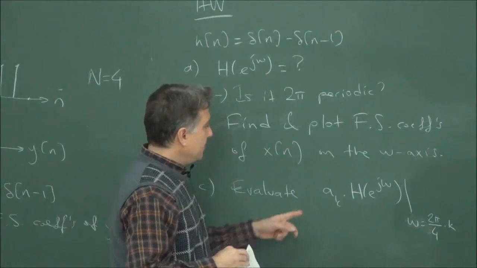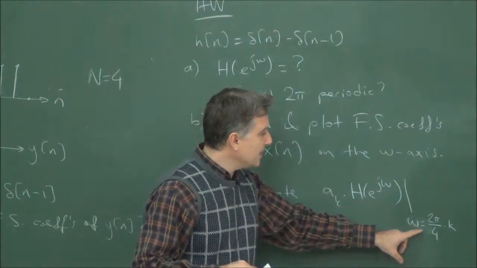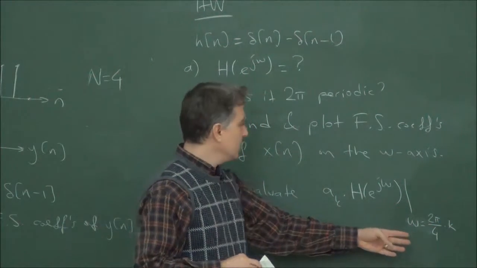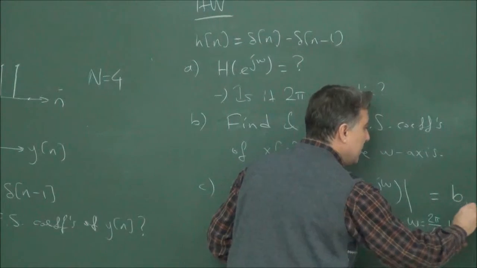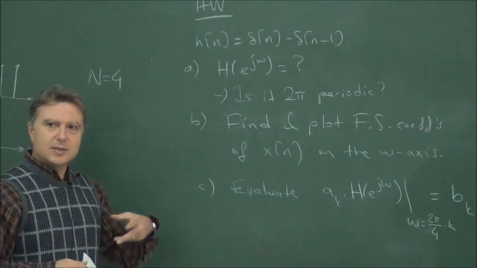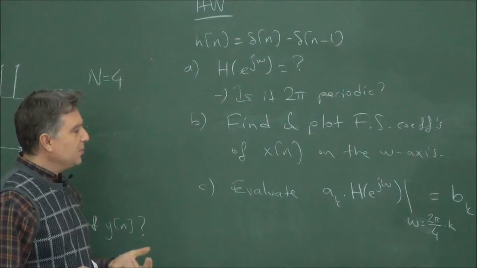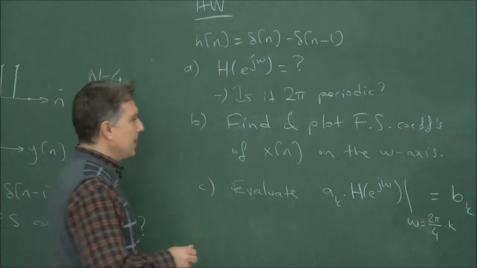For example, A0 will be multiplied by h of e to the j omega at omega is equal to 2 pi over 4 times 0, at omega is equal to 0 in other words. So just multiply everything and call them BKs. 4 of them is enough because they are repeating themselves afterwards. So find B0, B1, B2 and B3 only, and the others will be repeating.